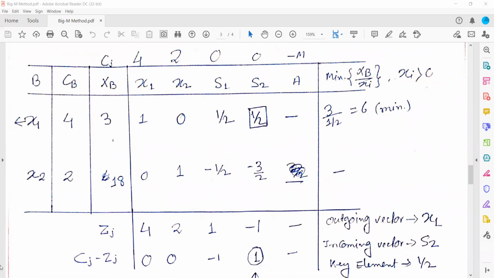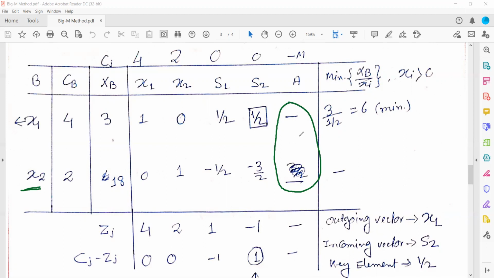Once the artificial variable is removed, this is the artificial variable column, no? So there will be no change, nothing you need to write. Once the artificial variable is replaced from the basic variable, there will be nothing in its artificial column.